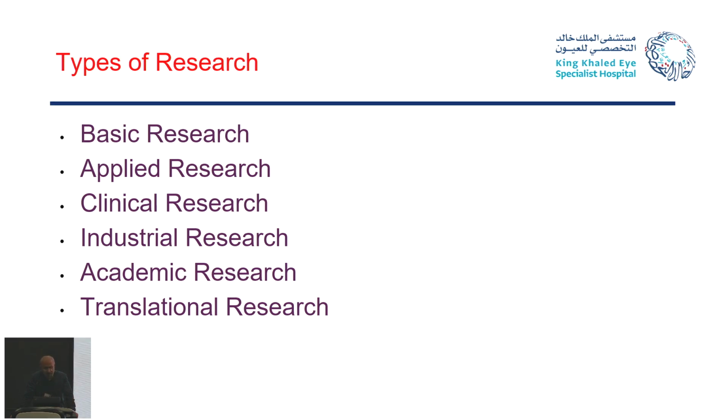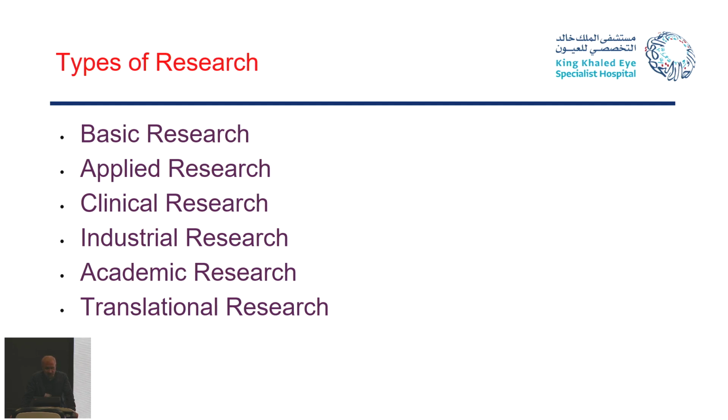Applied research, on the other hand, is research which comes after the basic research. After the scientific fact has been established, an outcome came out of the basic research, and I'm using that outcome for a certain research study. I'll give an example.